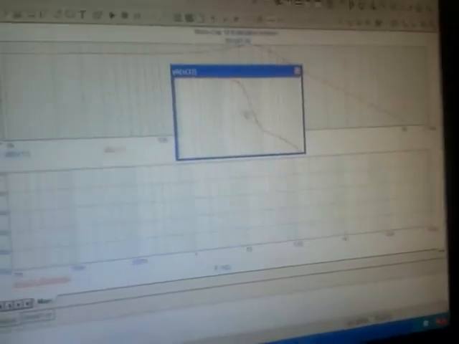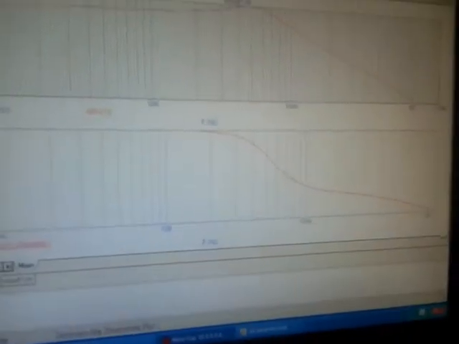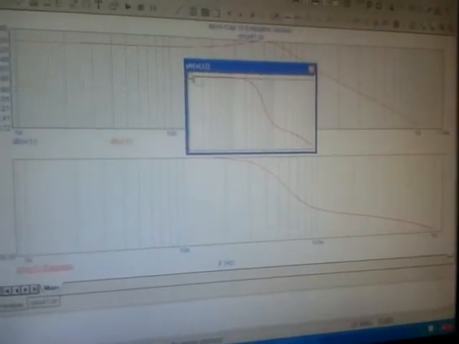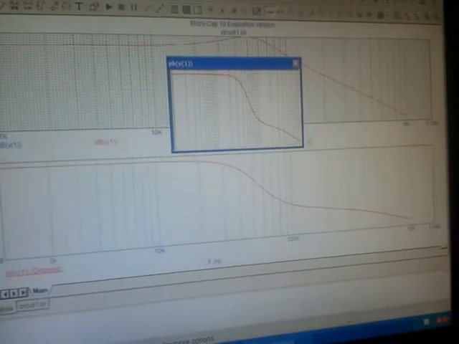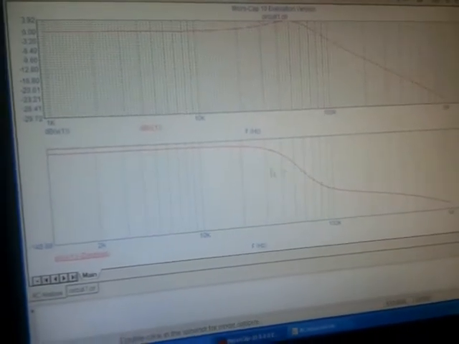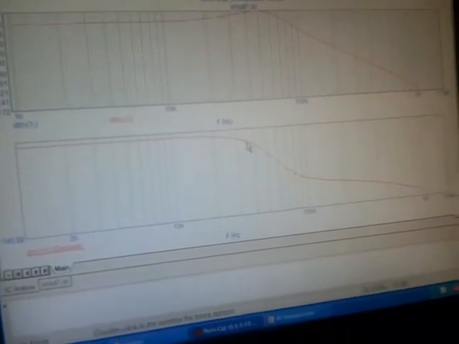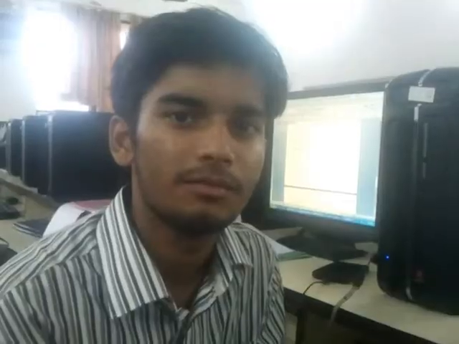This is the phase plot of our response. Let us maximize it too. This is our complete phase response. We are also getting the response as expected.